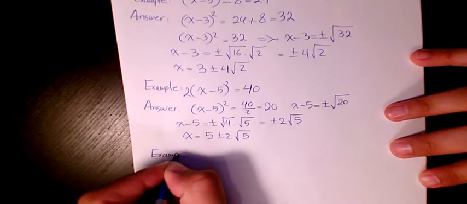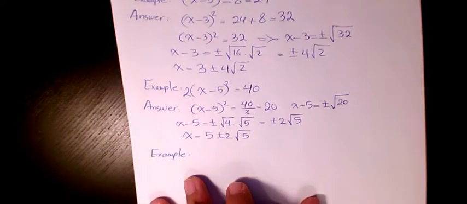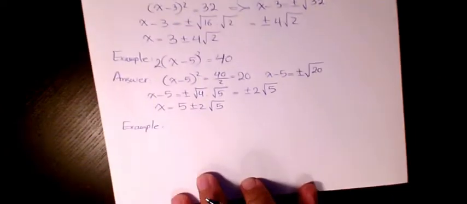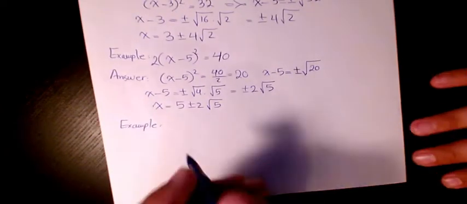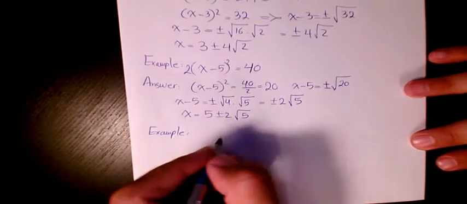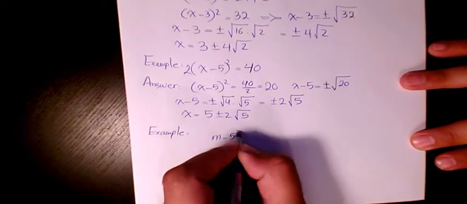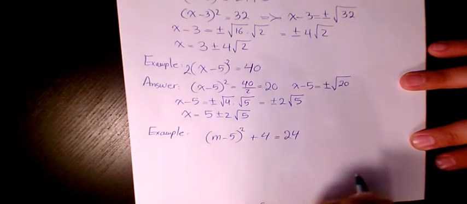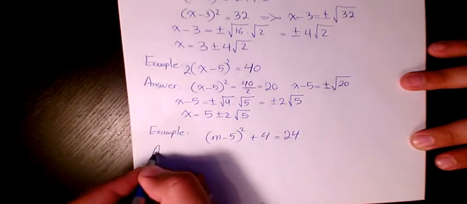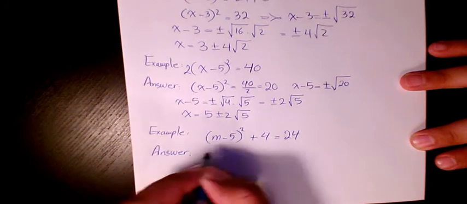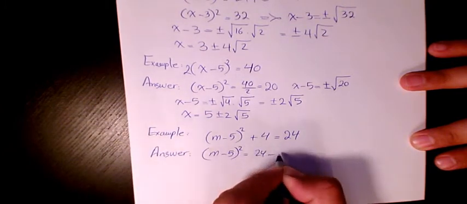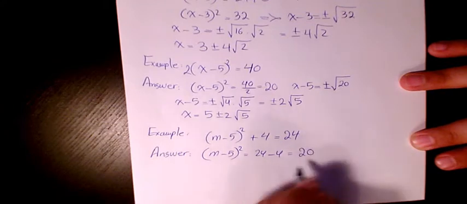Next example. (m minus 5) to the power of 2 plus 4 equals 24. Answer will be (m minus 5) to the power of 2 equals 24 minus 4, which is 20.